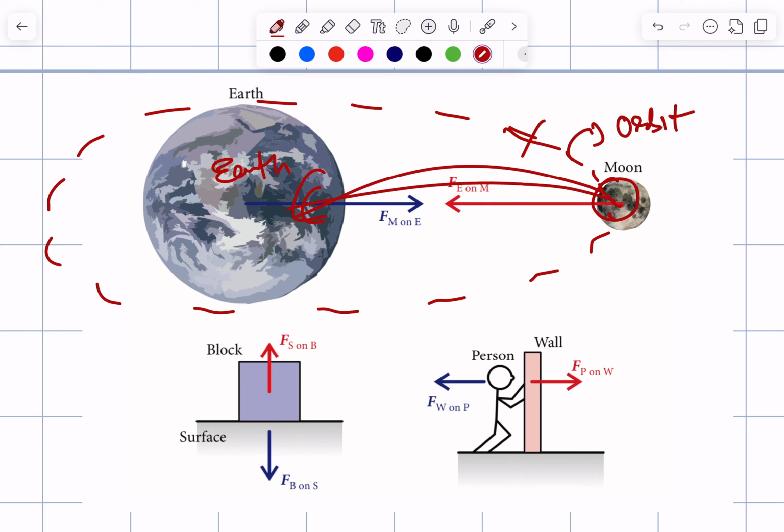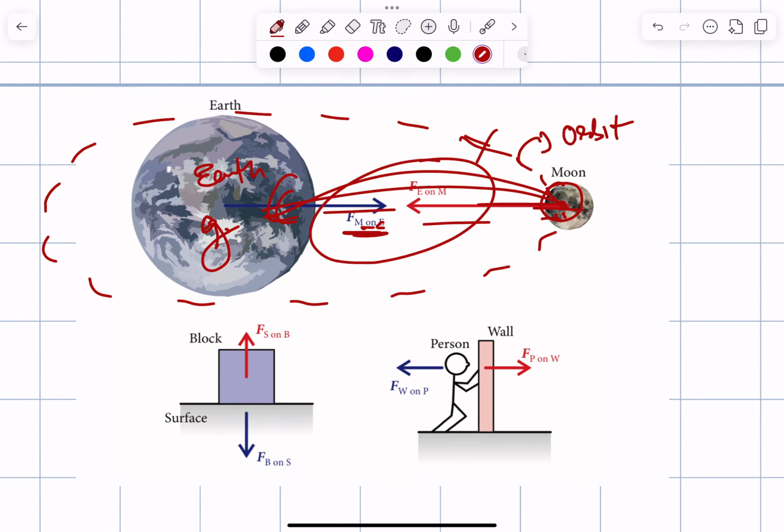Just because it's rotating in the orbit, it has a path and has to follow that path. Because of the Earth's gravitational force, the Moon stays in contact with it. If you see here F of M on E, the force is applied on the Earth by the Moon, and the Earth is also applying a force on the Moon. This is Newton's third law of motion.